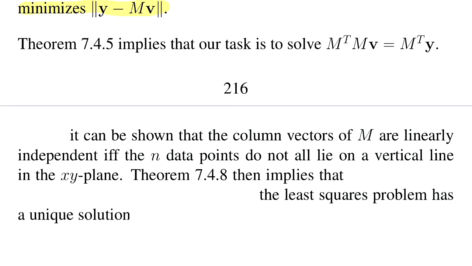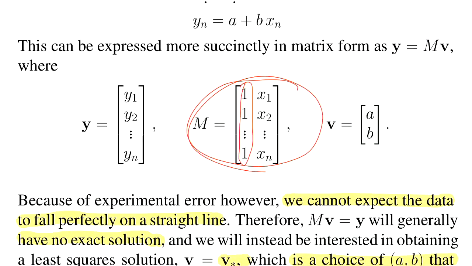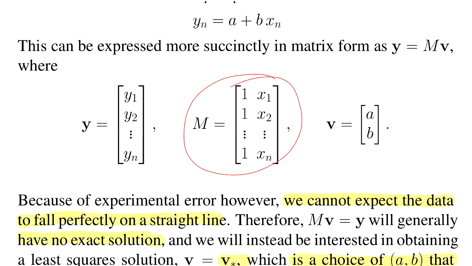And what's even better, right? We know that the corresponding normal equation is going to have a unique solution if and only if the columns of M are independent, right? The only possible way the columns of M wouldn't be independent is if you chose all of the x's to be equal, right?